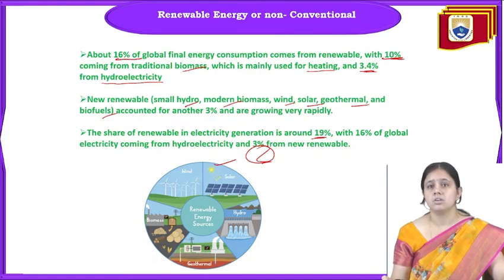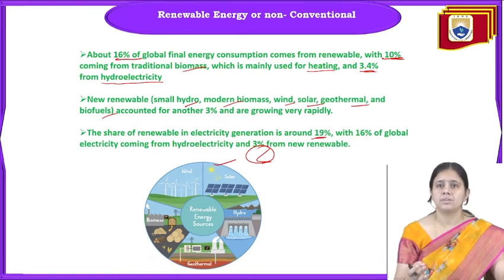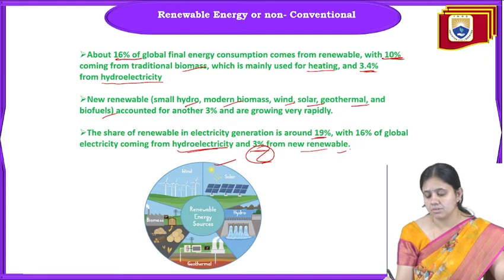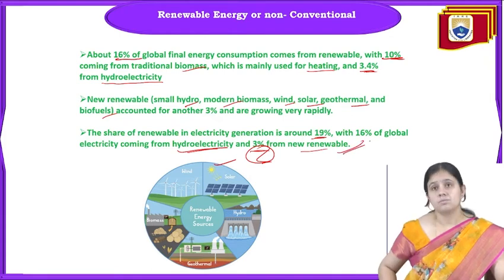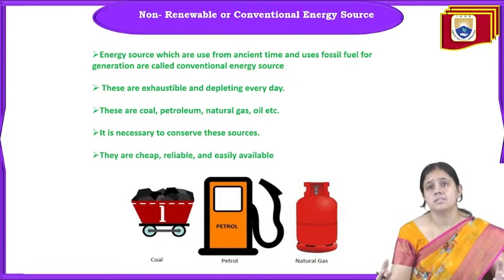The share of renewables in electricity generation is 19%, which is a very good amount, and it is growing very fast, and it has a good future. With 16% of global electricity coming from hydroelectric power projects, that is from water, and 3% from new renewable sources. Now we will discuss the non-renewable and conventional energy resources.